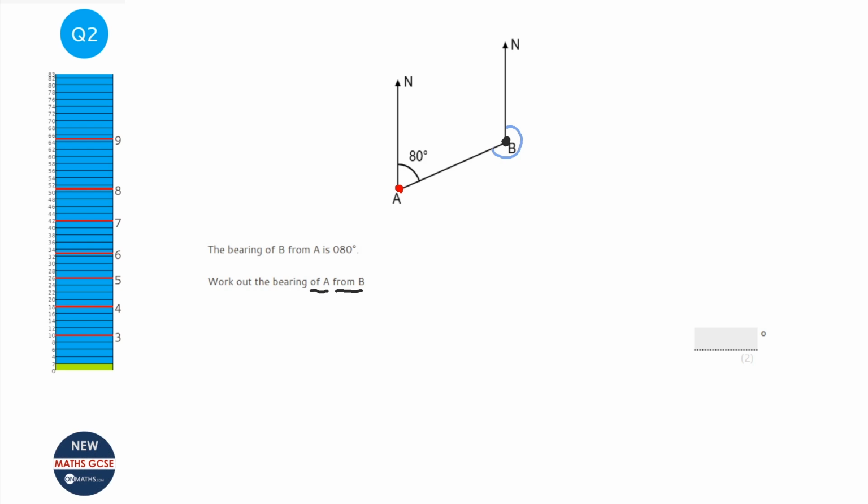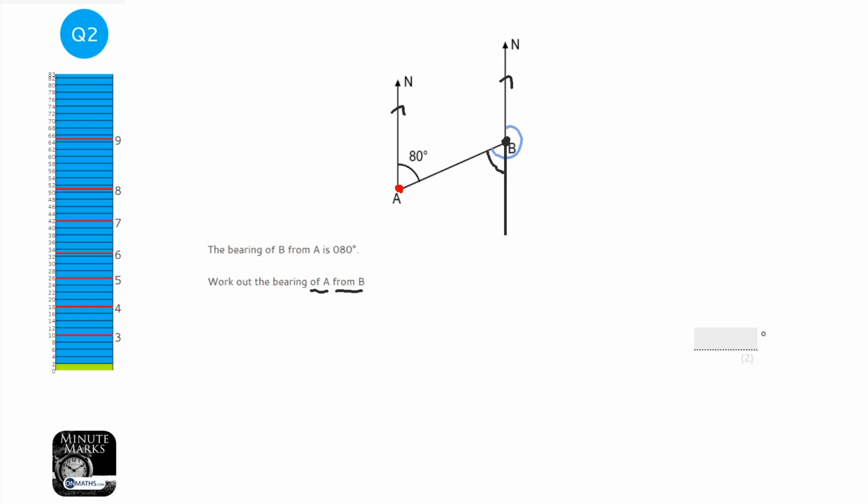So not so easy. The first step, and there are different ways of doing this, is to draw a line straight down at B. North lines are always going to be parallel, and we can use that to work out this angle here.